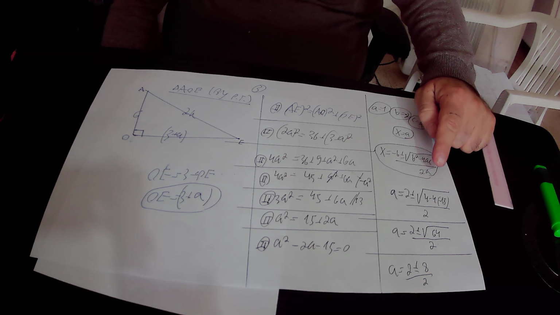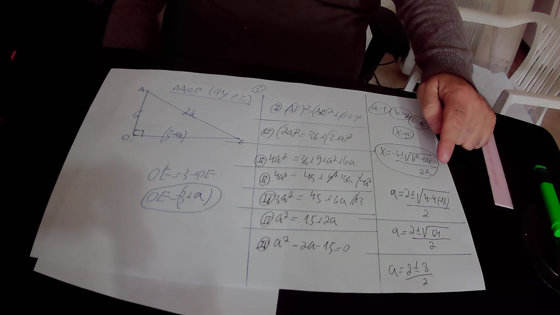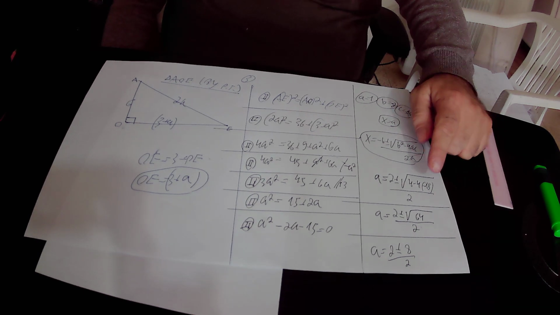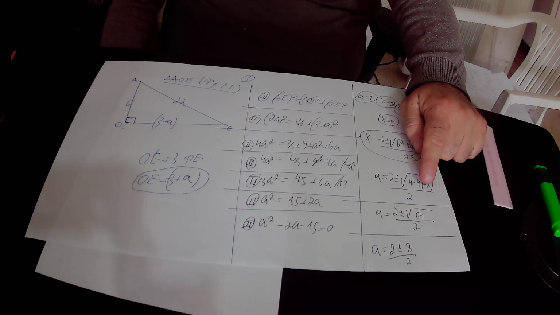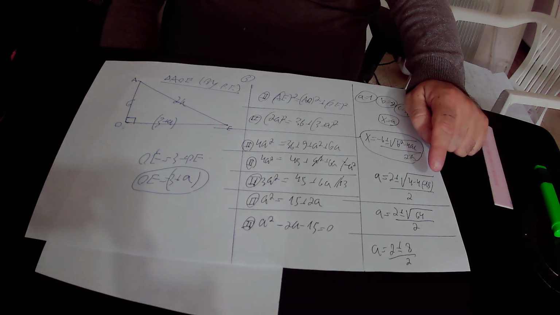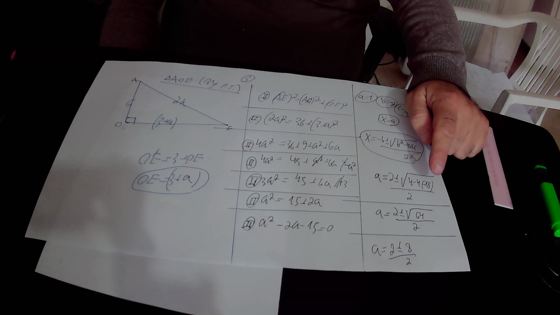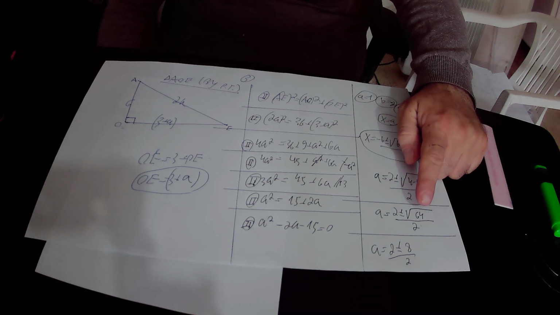So here we have a equals 2 plus minus. Minus 4 times minus 15 is plus 60, and 60 plus 4 is 64. So in conclusion, a equals 2 plus minus square root of 64 over 2. Square root of 64 is 8. So a equals 2 plus minus 8 over 2.